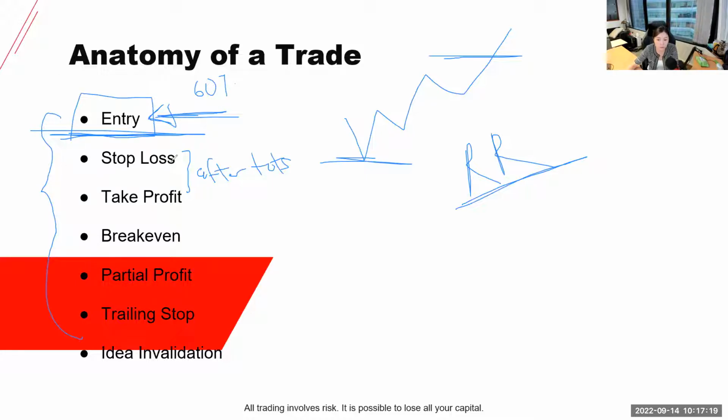There is your stop loss and take profit placements. These are definite, you have to have them. Break even and partial profit are good to know, but I would say not as important as your stop loss and take profit. Break even is just a gauge at the back of your head to know, hey, am I at my break even? Am I losing money? This is good to know.